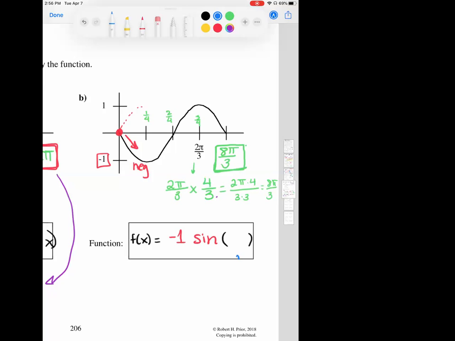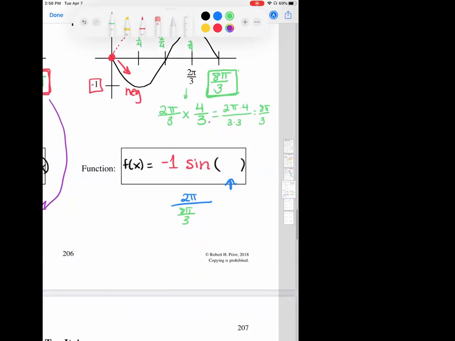Lastly, to get that value, we take 2 pi and divide by that period, 8 pi over 3. Now let's rewrite it. So I have 2 pi times the reciprocal, 3 over 8 pi. Is it 8 pi, or pi over 9? Over 9, thank you. I should erase the last one.